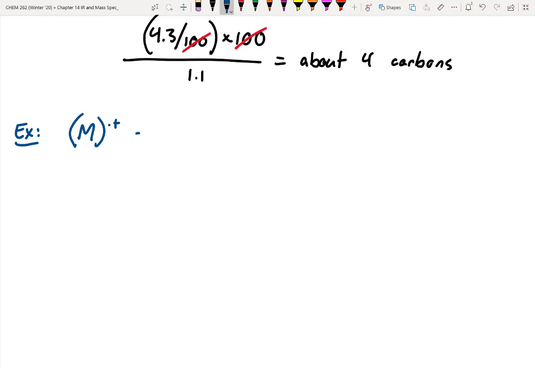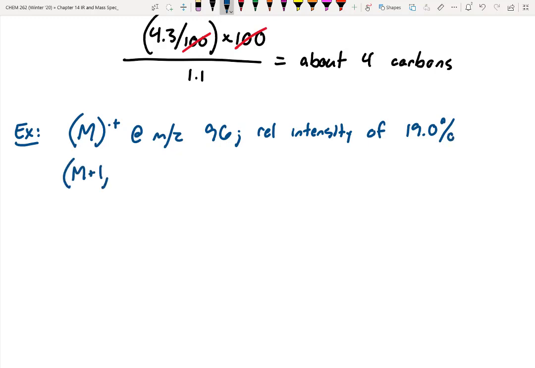So mass to charge, parent ion at 96, relative intensity of 19.0%.